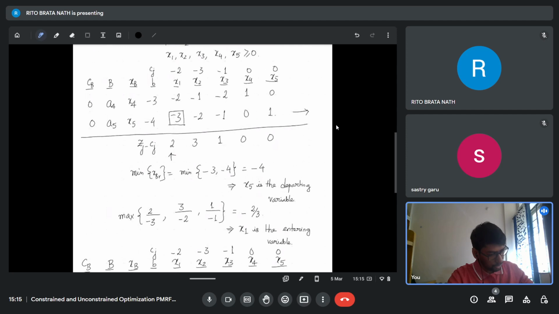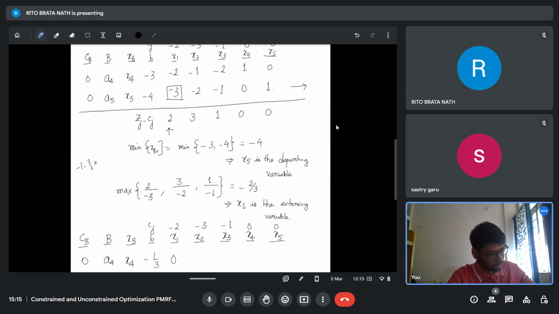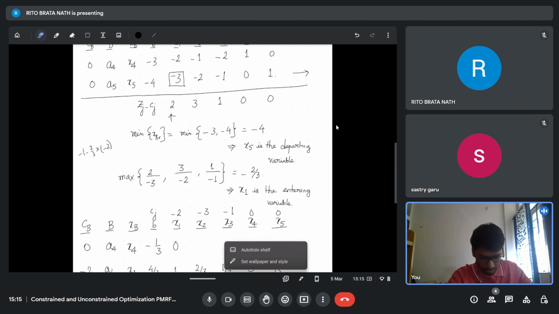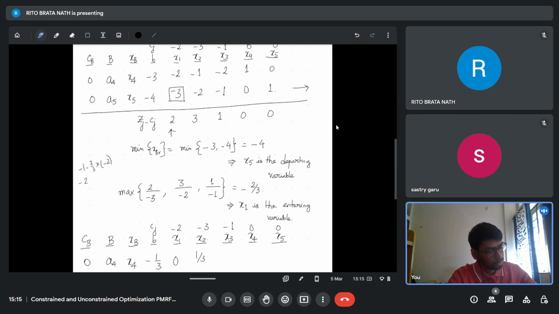For x2, this is minus 1 and minus 2 by 3 times minus 2. So this is 4 by 3 minus 1, so that's 1 by 3, so that is also fine. The next one you have is minus 2, minus of 2 by 3 times minus 1. So this is 2 by 3 minus 2, so that will be minus 4 by 3.